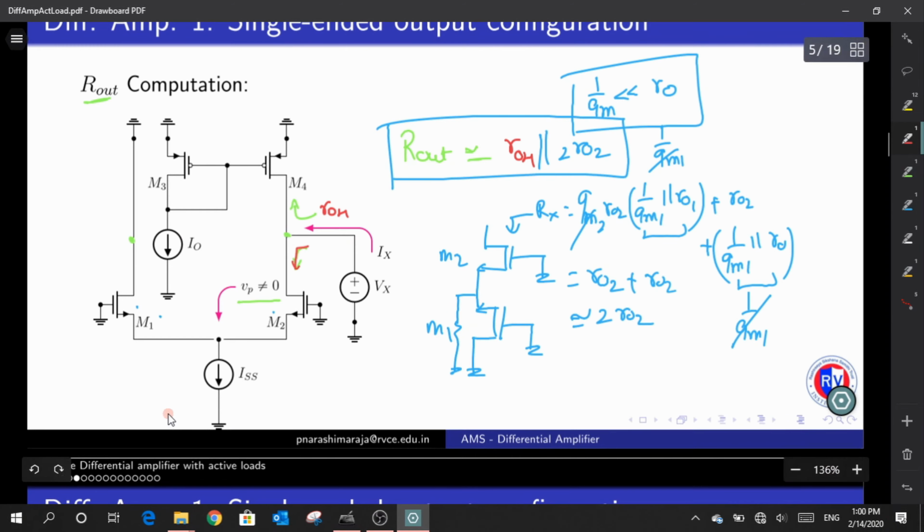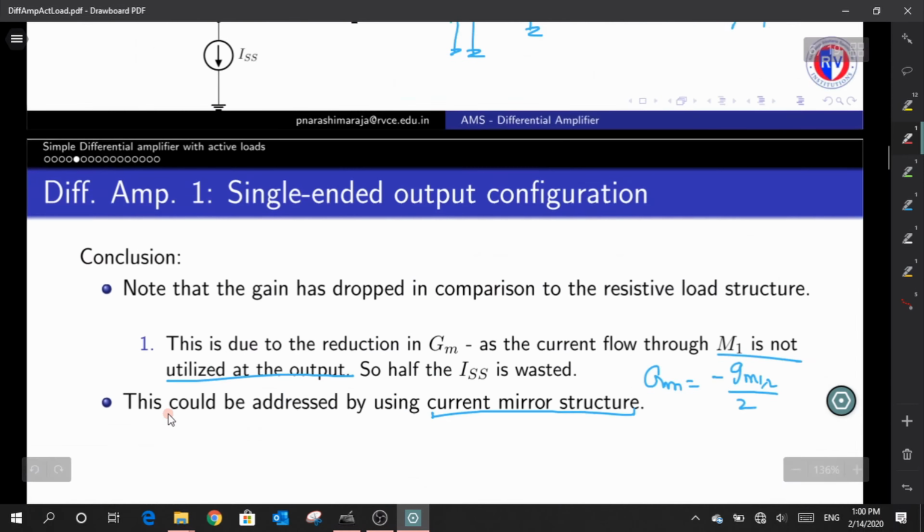What is the impedance that I see through this drain of M2? 2 times RO2. So we know from this point to this point, from the drain of M2 to the drain of M1, I have a resistance, and that value of resistance is equal to 2 times RO2. So I'm going to use that relation.